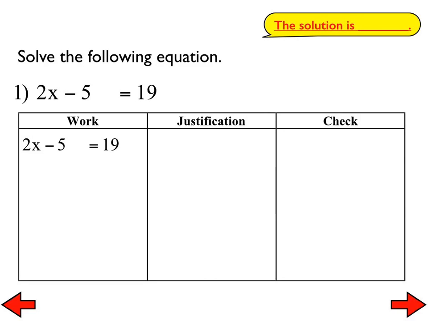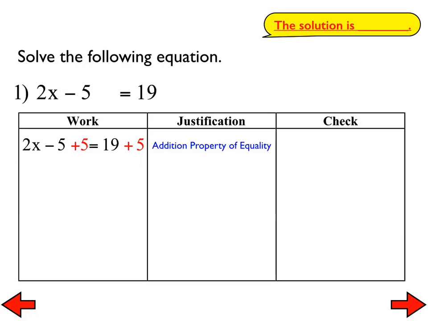To solve this problem, of course, the first thing we need to do is add 5 to both sides. So let's write that down. From there, we added 5 to both sides. When we add a number to both sides, that's called the addition property of equality. Write that in there, please. After we do these first two, I'm going to let you abbreviate a little bit.